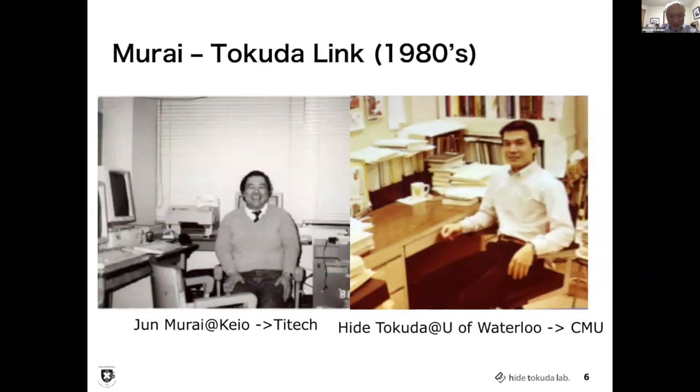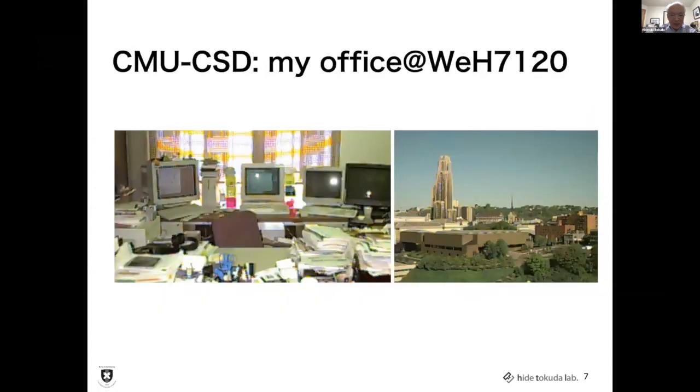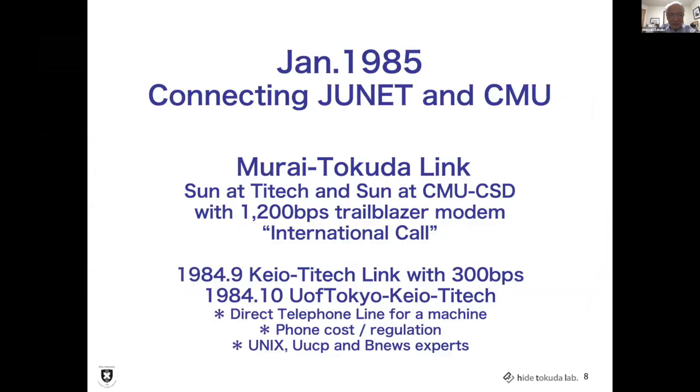This is a picture of Professor Jun Murai and myself back in the 80s. I think he had some workstations at the Tokyo Institute of Technology in Tokyo. And I also had a bunch of machines in Waterloo and Carnegie Mellon. This is a picture of my office at Carnegie Mellon.